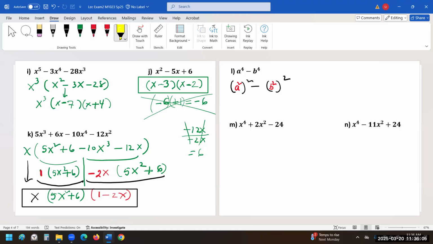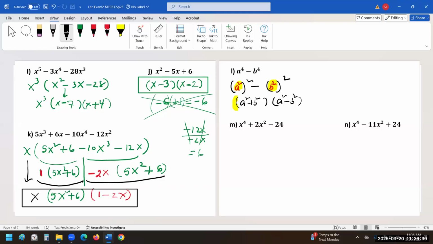We need to do that because we want to see what base we have if we convert this into a difference of perfect squares. And that gives us the first 2 factors: a squared plus b squared, a squared minus b squared.